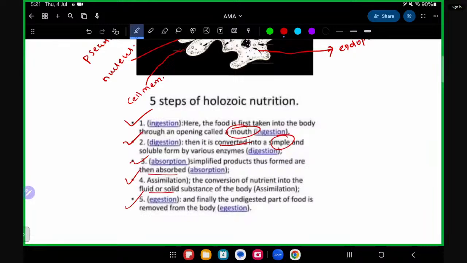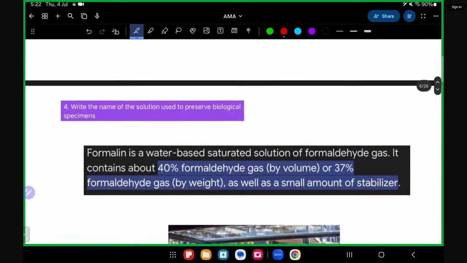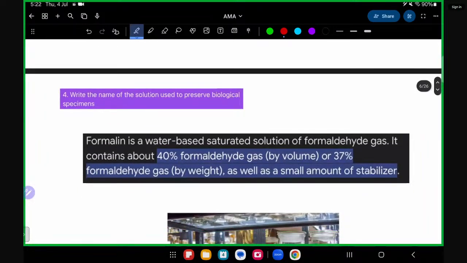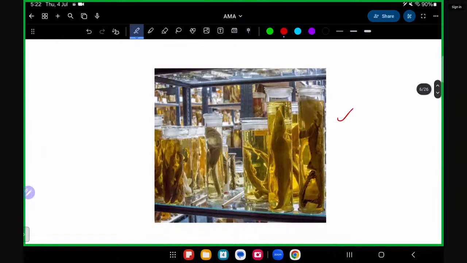Next question we have: write the name of the solution used to preserve biological specimens. You all have seen this type of specimen preservation in your science lab. The specimens are preserved in a chemical.